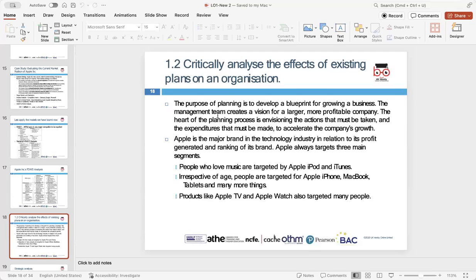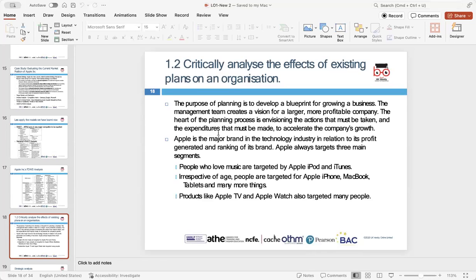So again, the Apple case study here exemplifies successful strategic planning in the technology industry. The company targets basically three main segments: music enthusiasts, general consumers, and technology users.